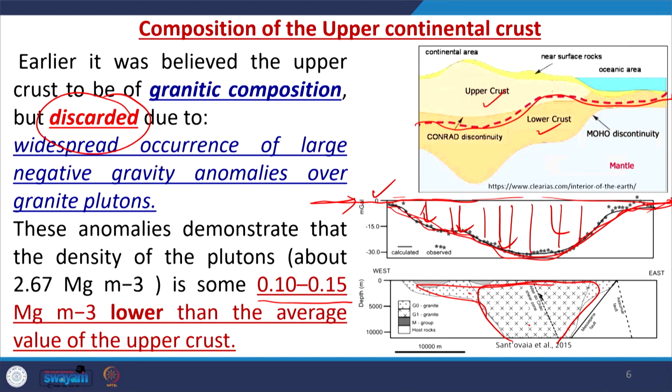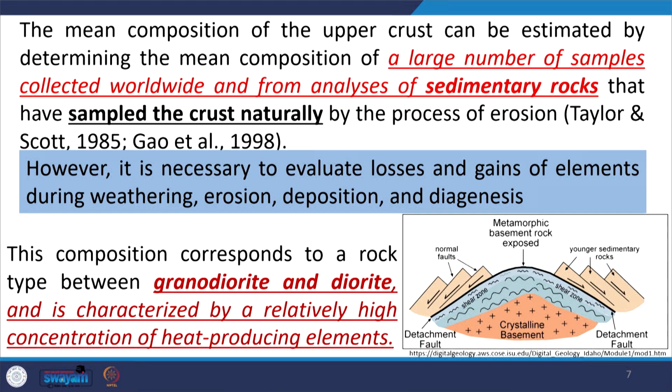Then what is the correct method of studying the upper continental crust composition? That comes from large scale sampling of sedimentary rocks. We know there are basins, and sedimentary rocks are deposited from the beginning up to now. Now, the question is where these sediments come from.